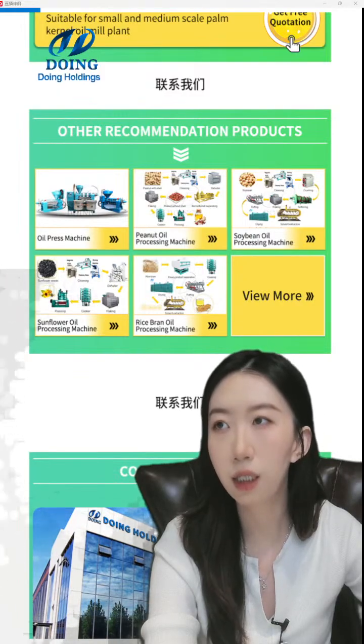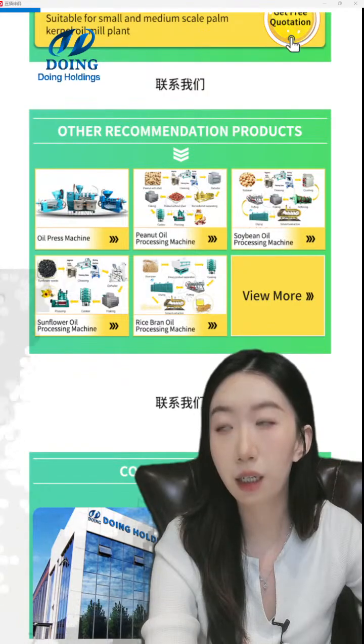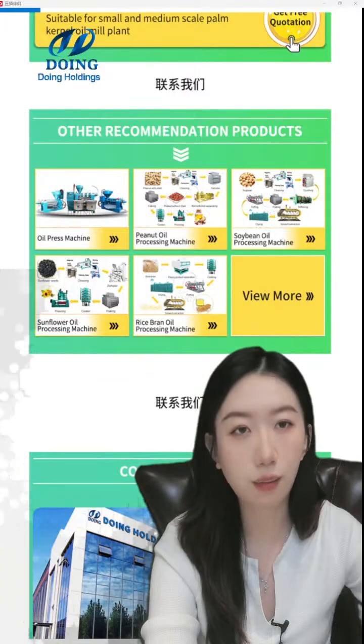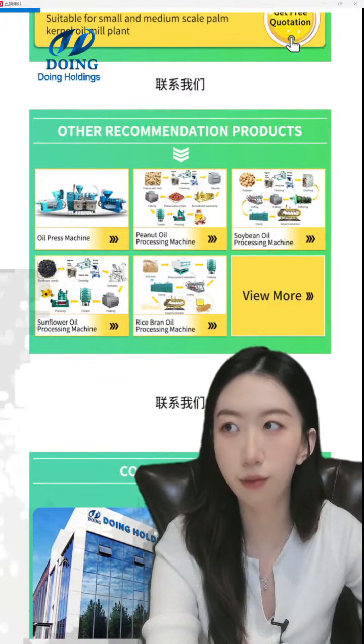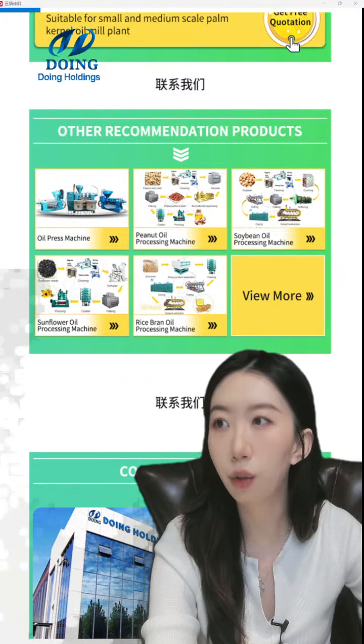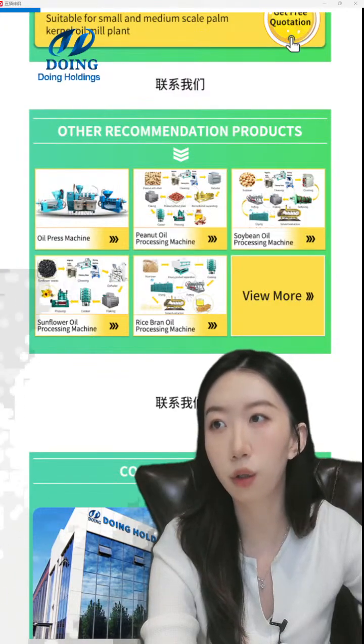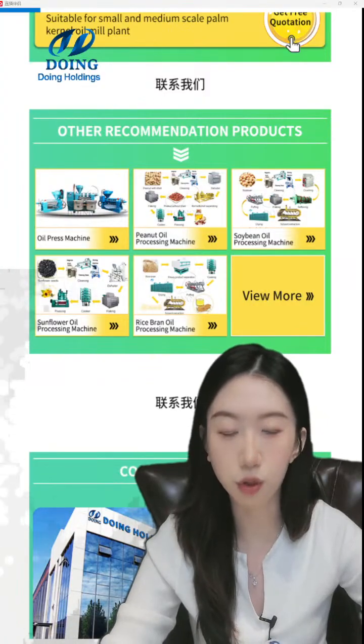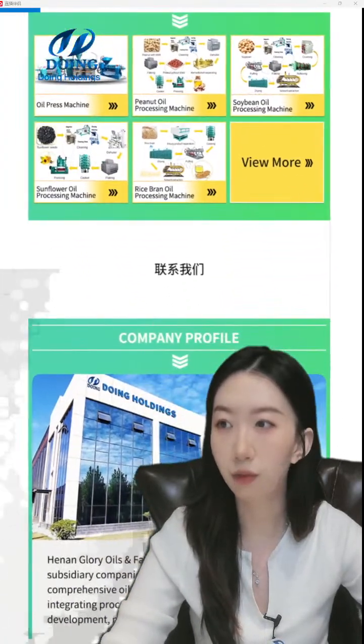And these edible oil extracting production lines we also have, such as peanut oil processing machine, soybean oil processing machine, and so on. And the entire process machines we all have.